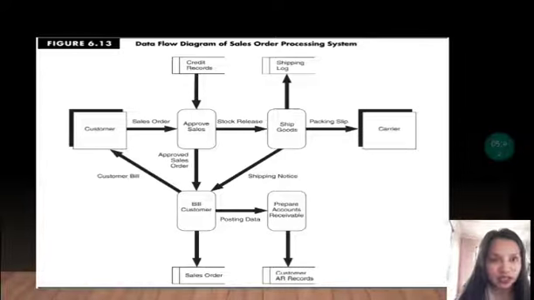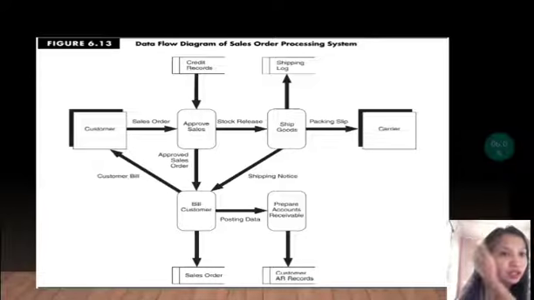So we have entities here, the customer and the carrier, based on the symbols that I explained earlier. And also we have the processes. The processes here are approve sales, ship goods, bill customer, and prepare accounts receivable.